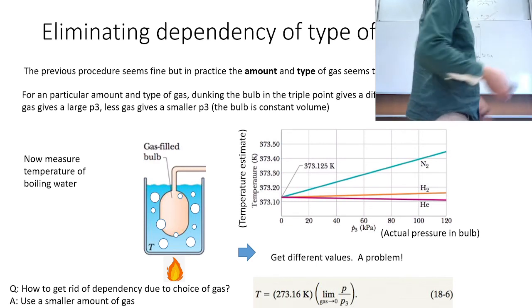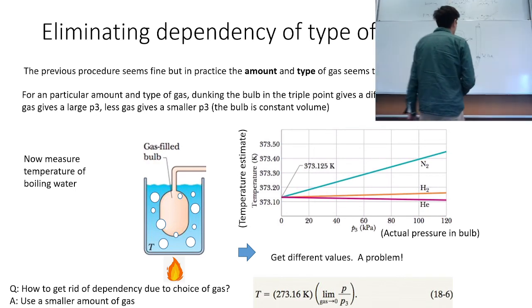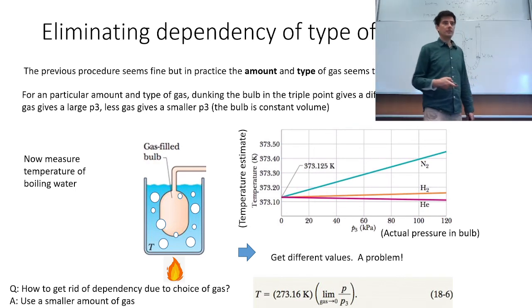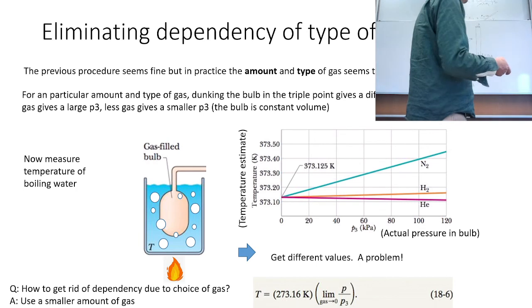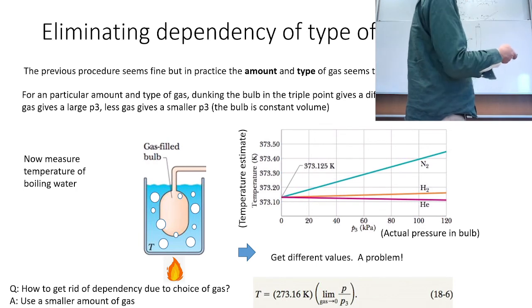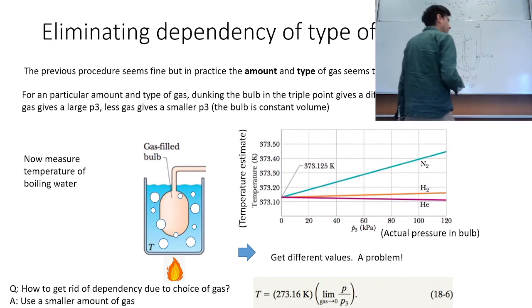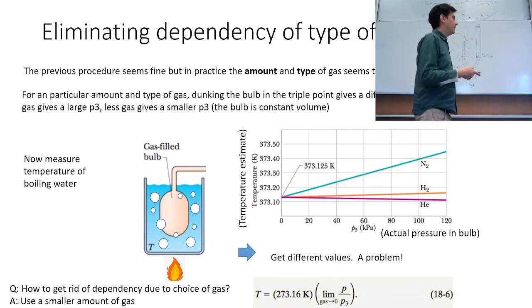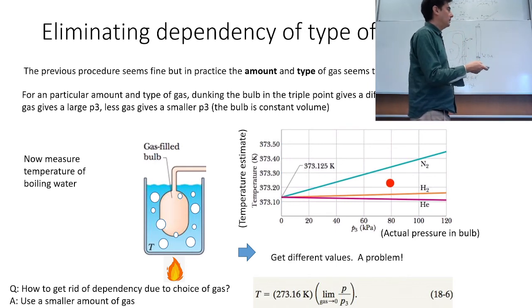And in fact, you'll probably run into all kinds of difficulties, because using a small bulb is experimentally not very nice. So the procedure that you might do is to use increasingly small bulbs and then extrapolate down to zero.